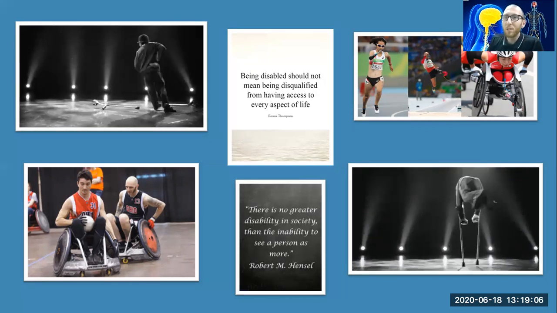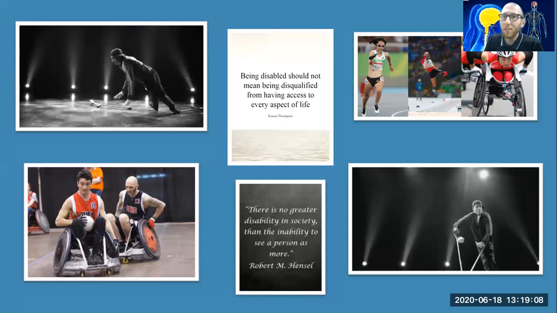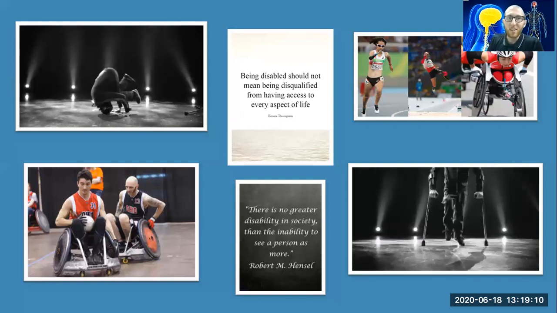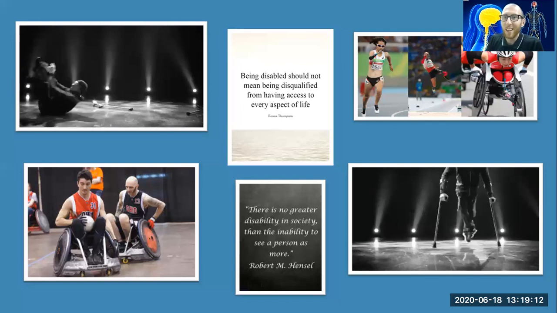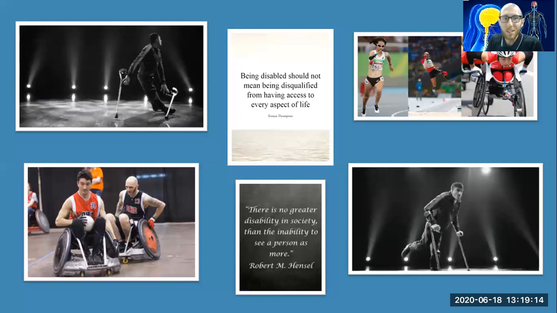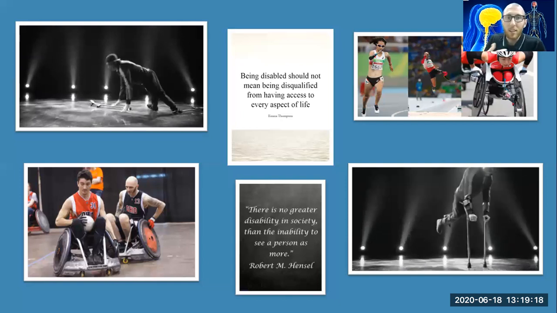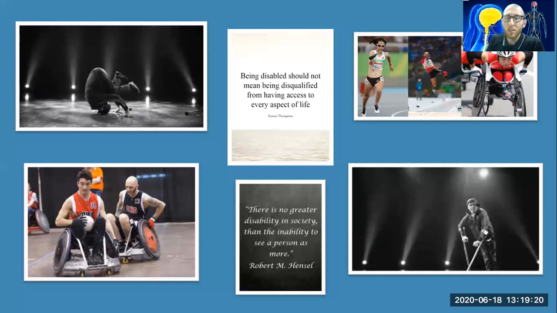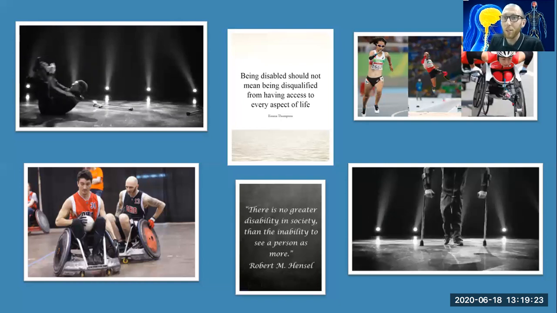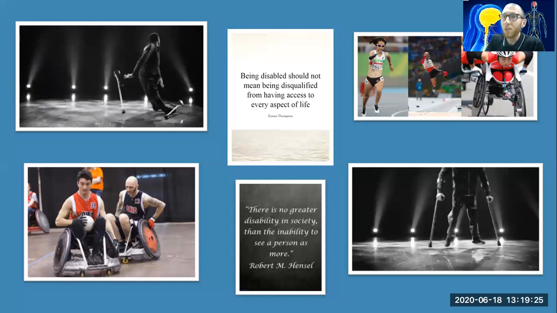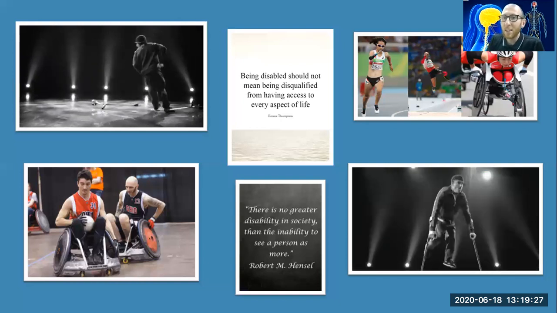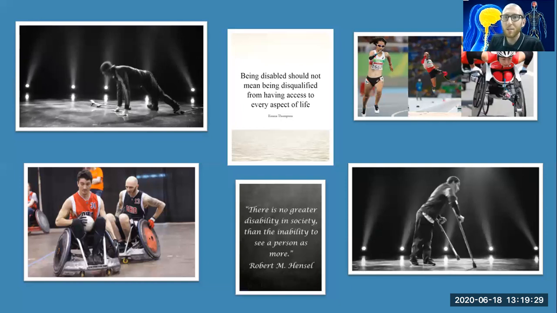But just because you don't have the function to those muscles doesn't mean you're limited in life. And here's some great examples of individuals who have had nervous system damage, whether to the spinal cord or the peripheral nerves, but have overcome and really made the best of life.